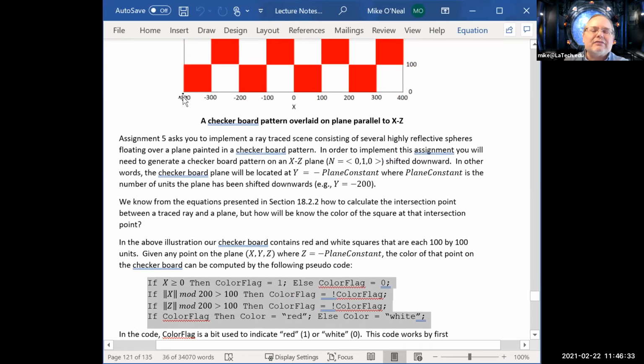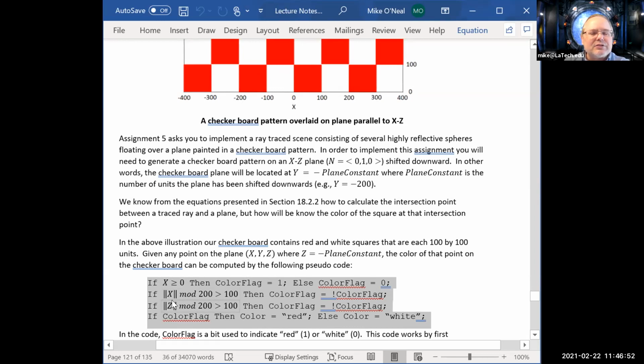If X is negative, I'm going in this direction and I start on a white square. So that's what this says. If your X is positive, then you're somewhere over in here and you start on a red square. If your X is negative, you're going in this direction, so you're going to start on a white square.